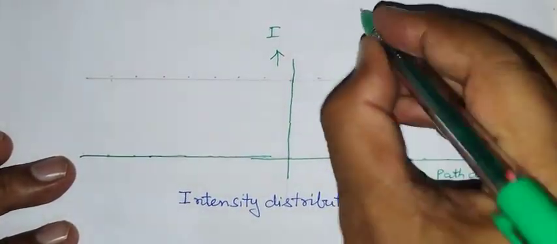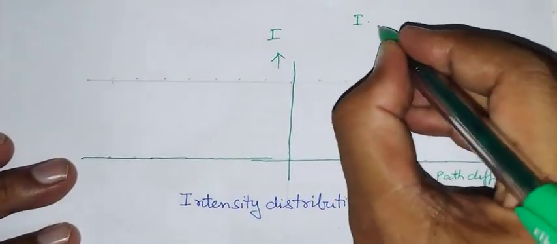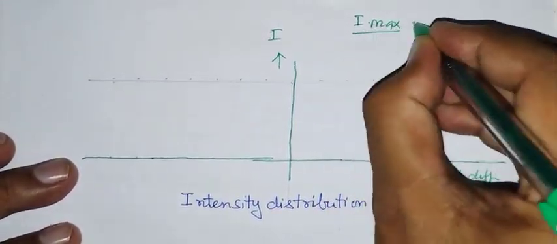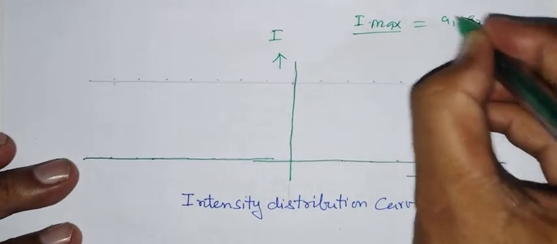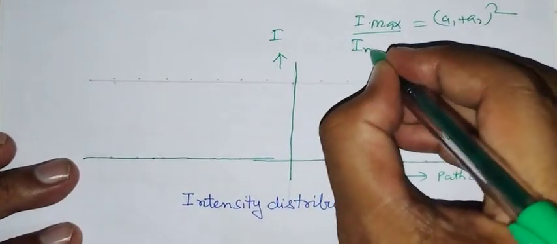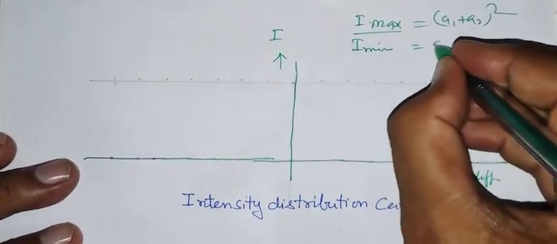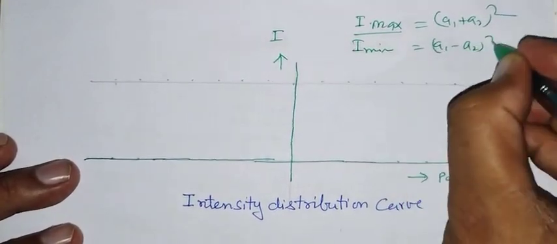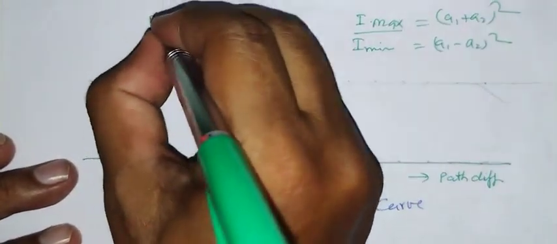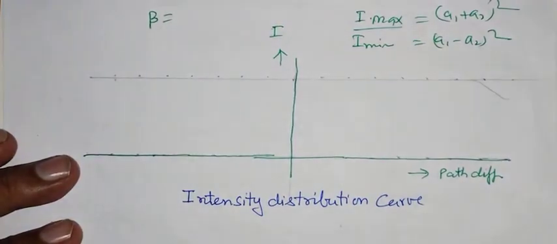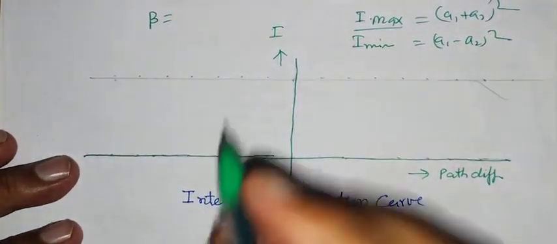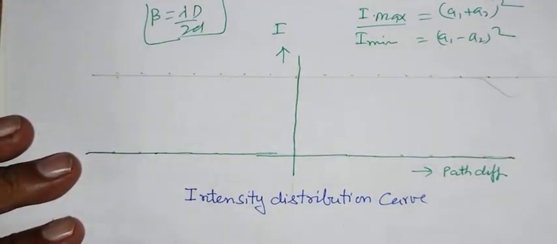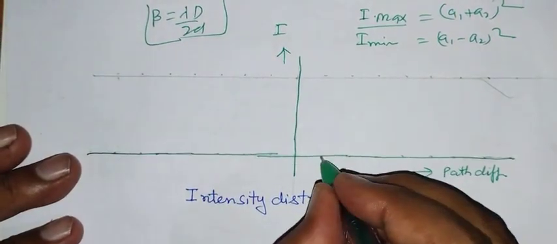Maximum intensity I max, we know, is (A1 plus A2) whole square. Minimum intensity is (A1 minus A2) whole square, and the fringe width is the same, given by the formula lambda capital D by 2d. This is the characteristic of the Young double slit experiment. So see this very carefully.